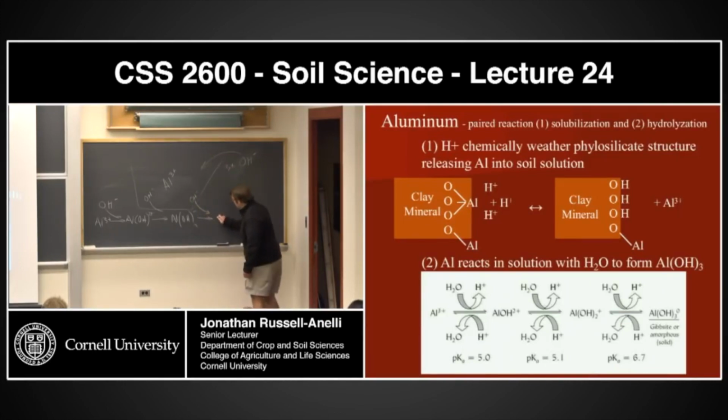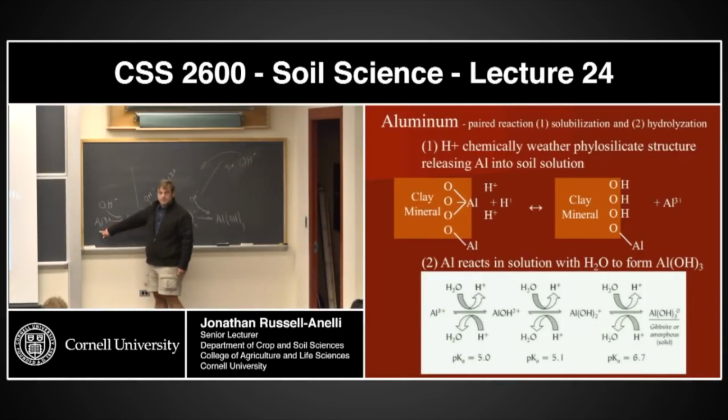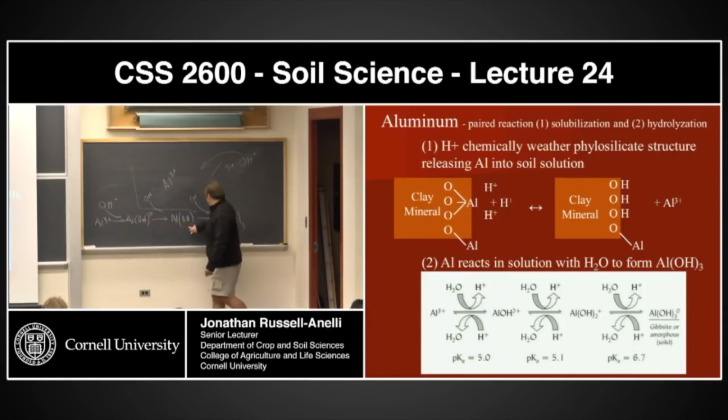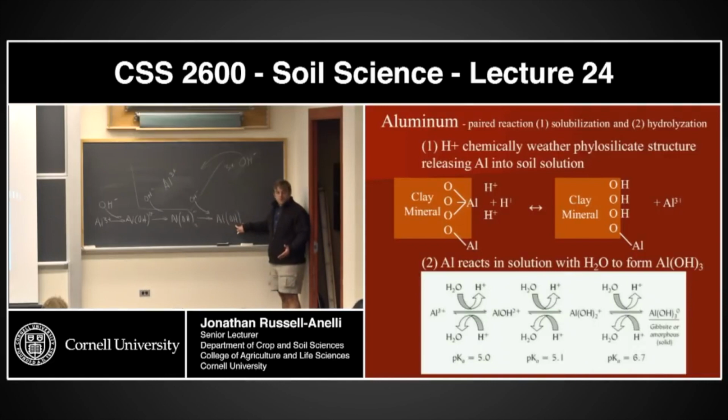It will combine with the aluminum over here, make aluminum hydroxide. In essence, this one aluminum neutralized 1, 2, 3 hydroxides. It's buffering the pH. It's resisting the rise in the pH.